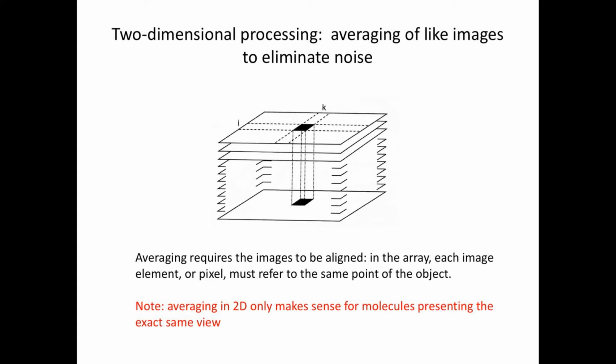So each pixel in the coordinate system has to refer to the same point of the object. And obviously averaging in 2 dimensions only makes sense for molecules presenting the exact same 3-dimensional view. So in order to do averaging of images, we need to do 2-dimensional alignment.